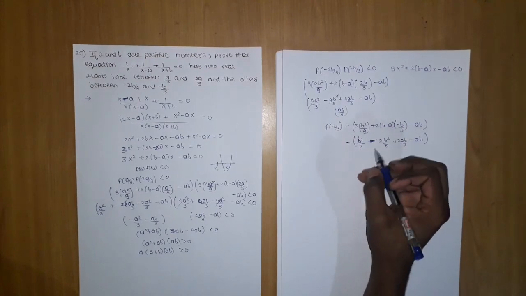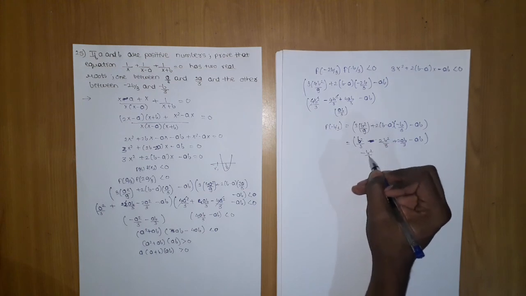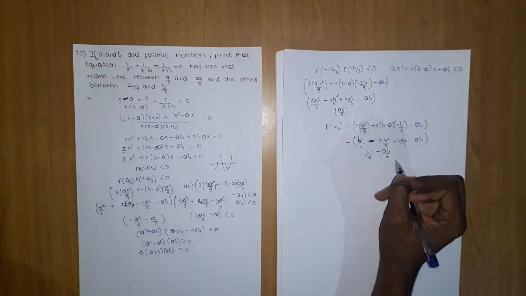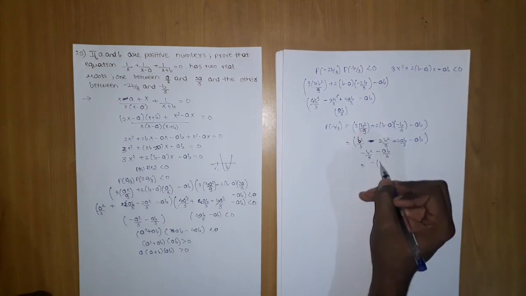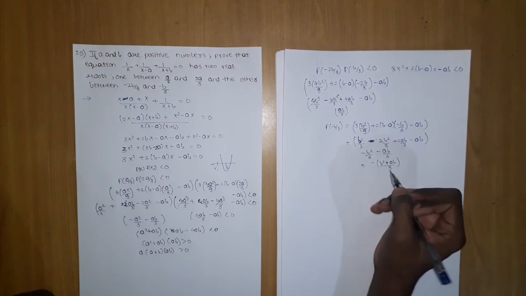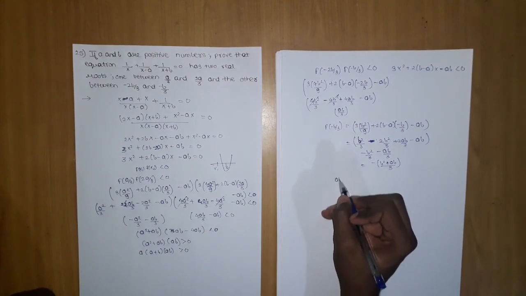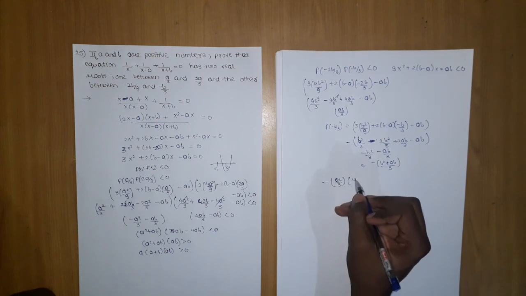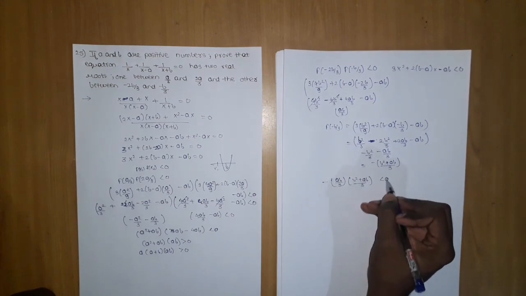What we will get here, if we multiply, is b square by 3 and here minus ab by 3. So it will become minus b square minus ab upon 3. Let me place it back here, so we have minus b square plus ab by 3, and it should be less than 0.